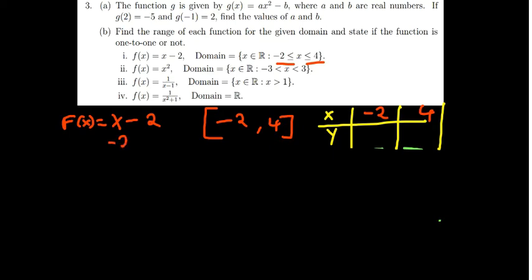So if I put a -2 there, we have a -4. If I put a +4, we have a 2. So that is the way that linear function is going to move. So the expected values of y will be -4 as the minimum all the way up to 2, given that domain. Alright, so we'll move to B.